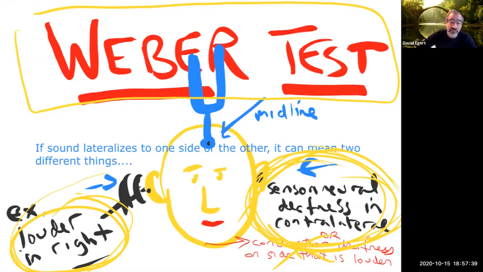I don't have a definitive answer for you. So you just say that there could be conduction deafness on the same side. Right. I can say empirically it's true. Who knows why, but conduction deafness leads to it being louder on the side that has conduction deafness.